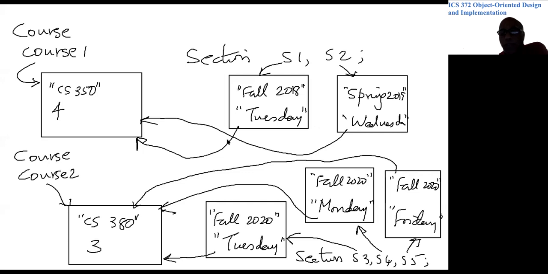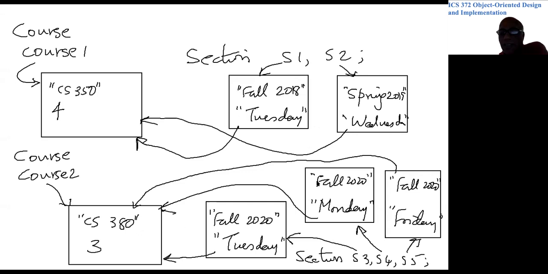So we have this arrow coming from S1, this object for fall 2018, referring to the course object, course 1, that is CS350. Same deal here, S2 has a reference to CS350.